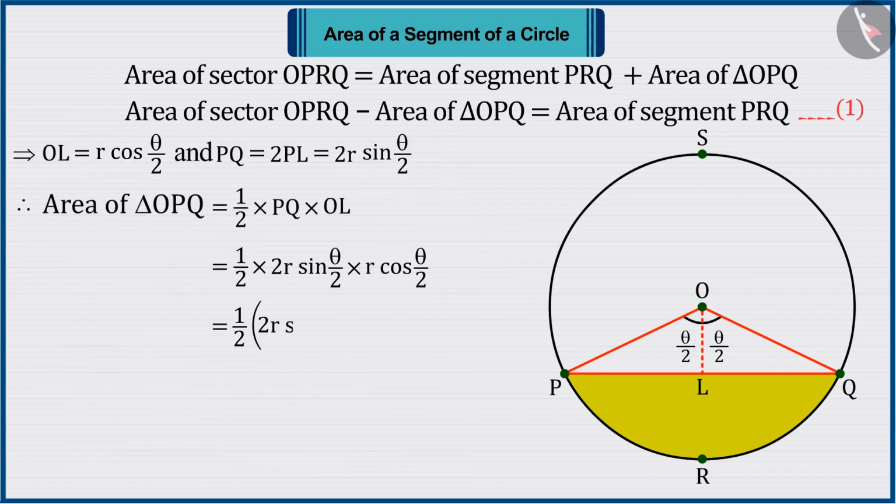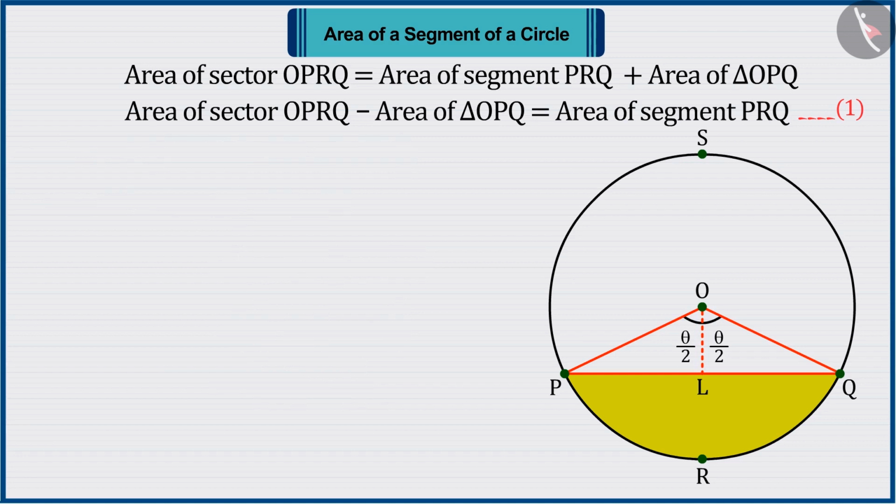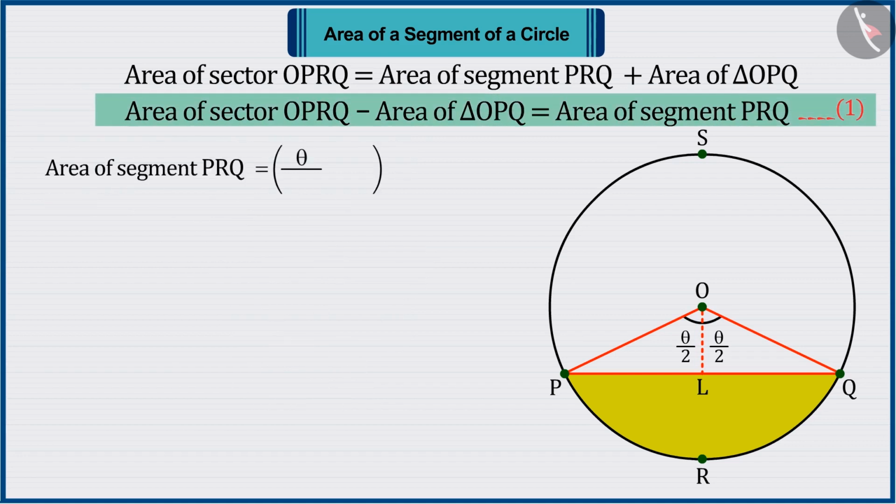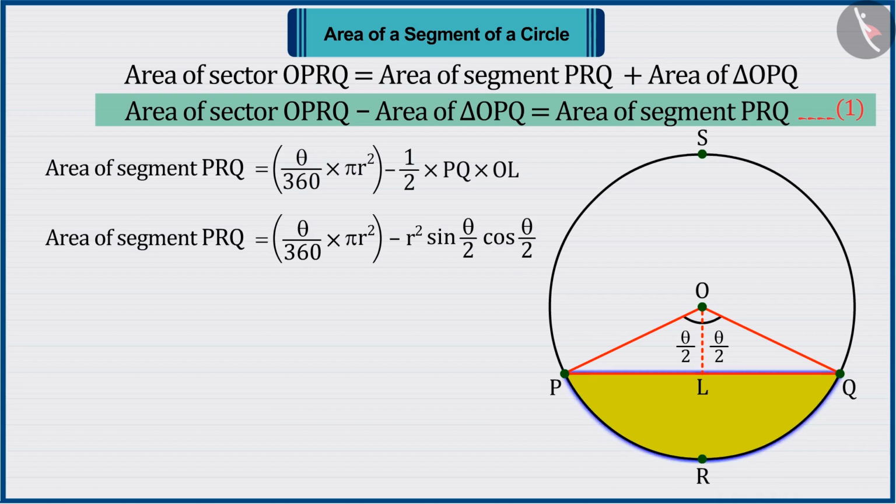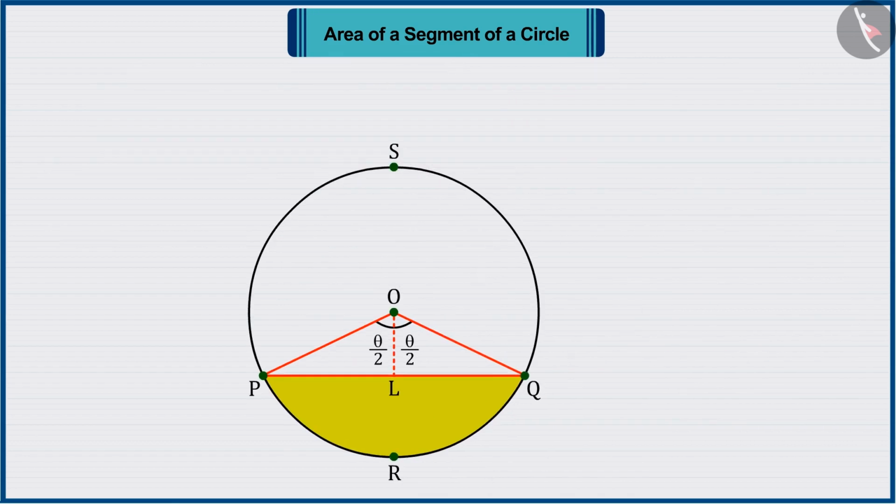Hence, the area of triangle OPQ is r square multiplied by sin theta upon 2 cos theta upon 2. By placing the above values in equation 1, the shaded area of the segment PRQ is r square multiplied by theta upon 360 times pi minus sin theta upon 2 into cos theta upon 2.